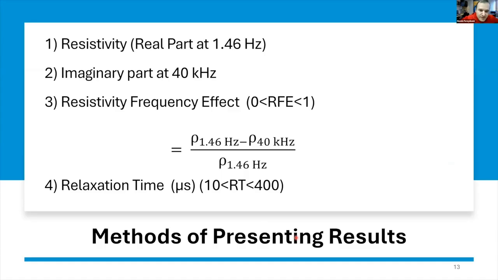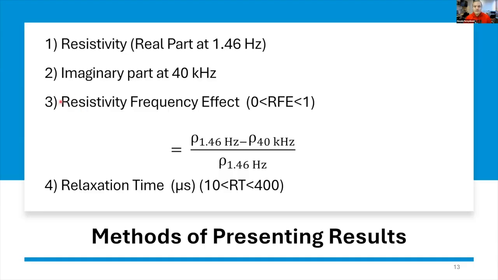So we take the real part at 1.46 hertz as resistivity, and we have the imaginary part at 40 kilohertz. The imaginary part is important for us because it shows the capability of the material to store energy, like the dielectric behavior of ice.